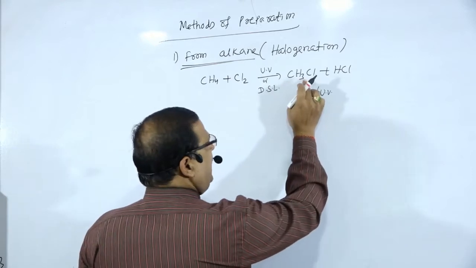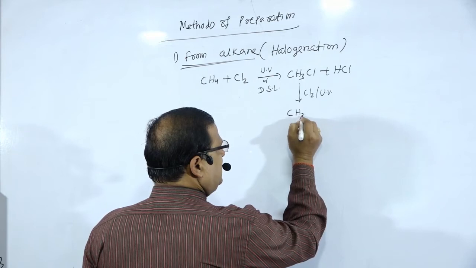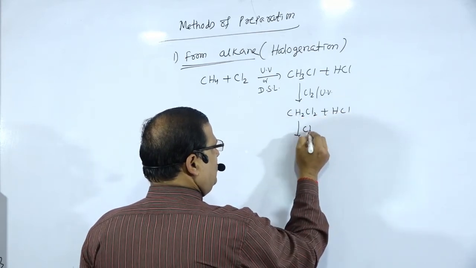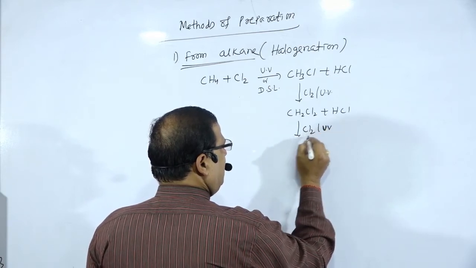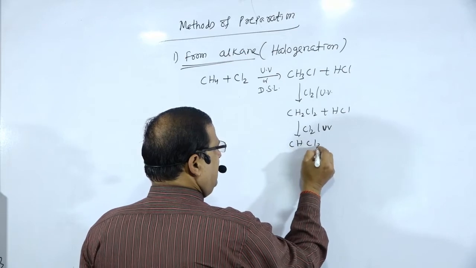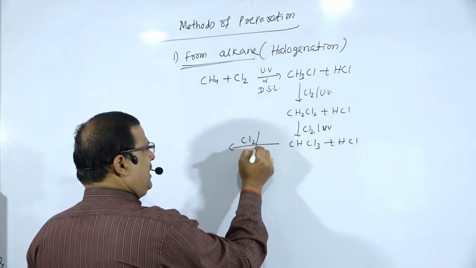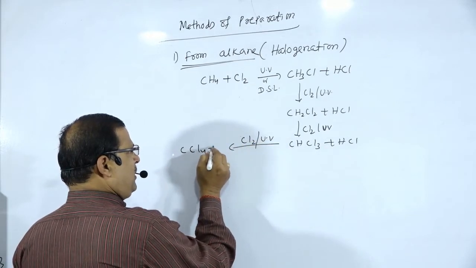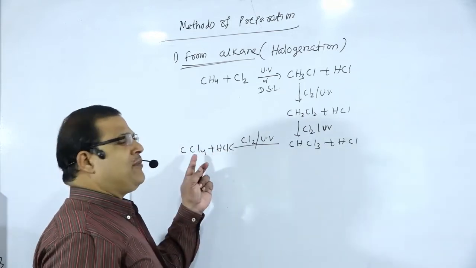So again another hydrogen atom is replaced by chlorine, giving CH2Cl2 plus HCl. Again Cl2, UV, gives CHCl3 plus HCl. Again Cl2 and UV gives CCl4 plus HCl. So there is the formation of carbon tetrachloride.